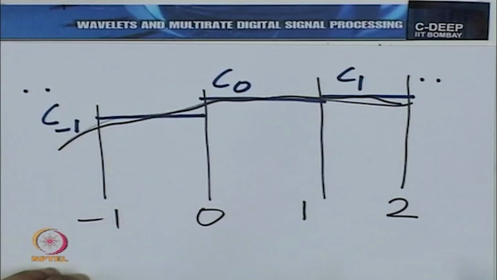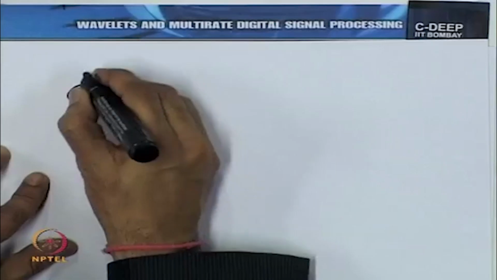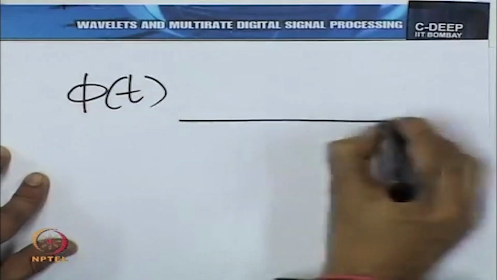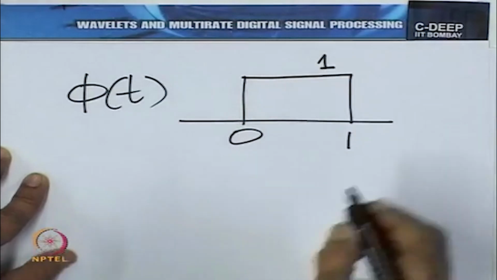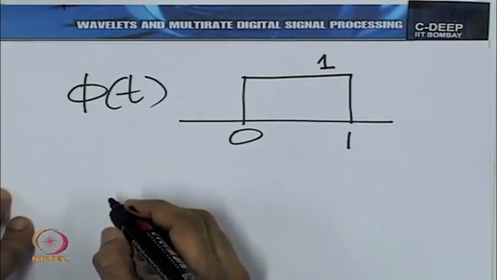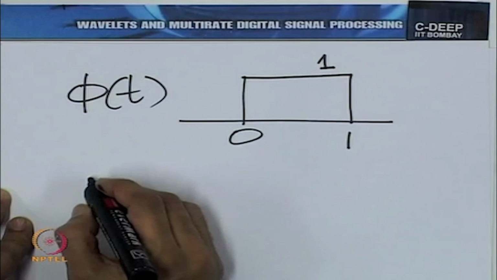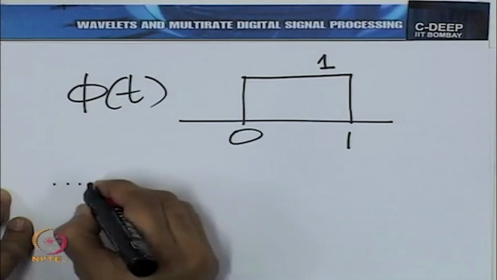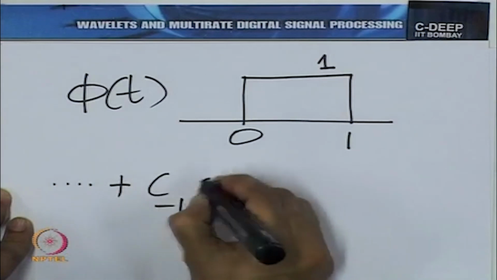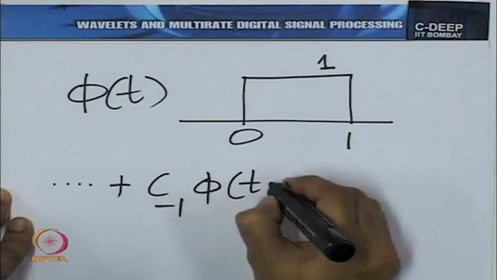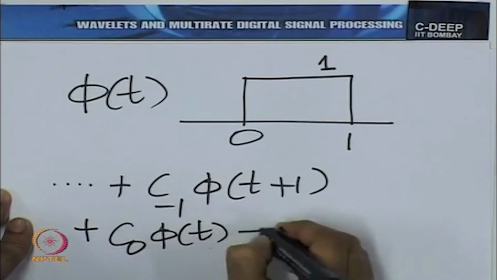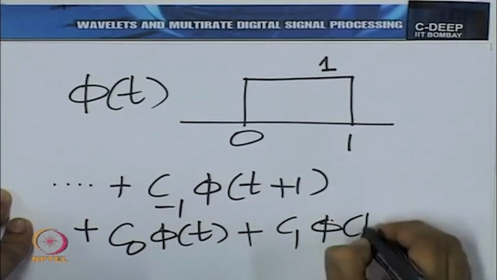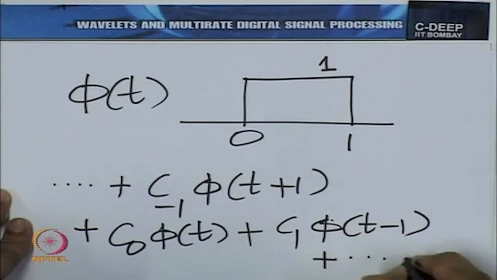Now, it is very easy to see that if I take the basic function phi t described this way, 1 between 0 and 1 and 0 elsewhere, then this piecewise constant representation can be written as c minus 1 among other terms phi t plus 1, plus c 0 phi t, plus c 1 phi t minus 1, and what have you afterwards.